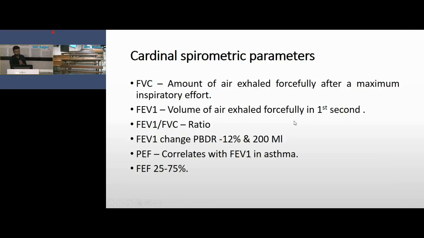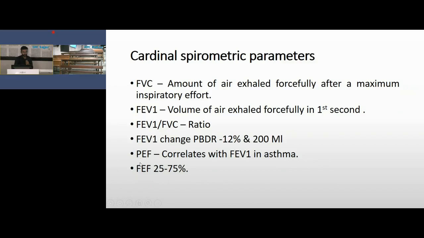Now in spirometry we mainly look for the following parameters. Forced vital capacity, which is the amount of air exhaled forcefully after maximum inspiratory effort. FEV1, which is forced expiratory volume in the first second. The ratio of FEV1 to FVC, and also we look for the FEV1 change post bronchodilation, which should be a minimum of 12% and 200 ml of the pre-bronchodilator value.